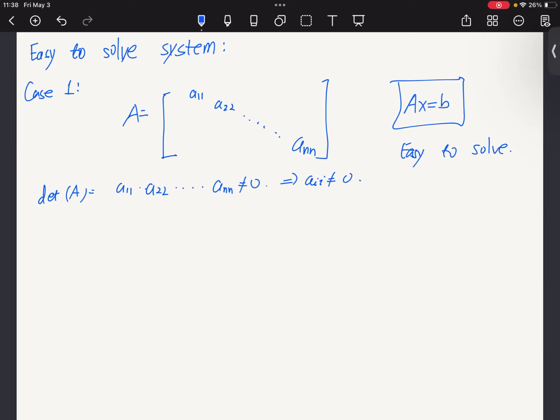And what's the solution? The solution is quite simple.